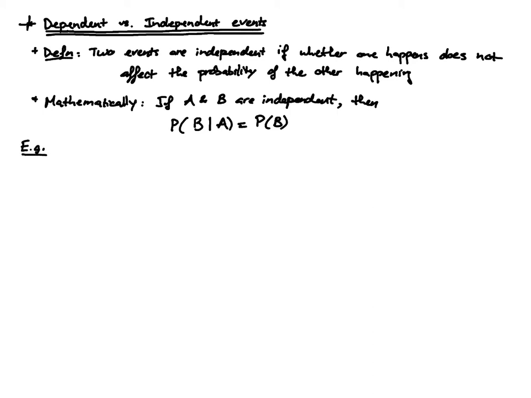Suppose that A is the event that you are offered a job at Southwire, right? And B is the event that you win the Powerball.